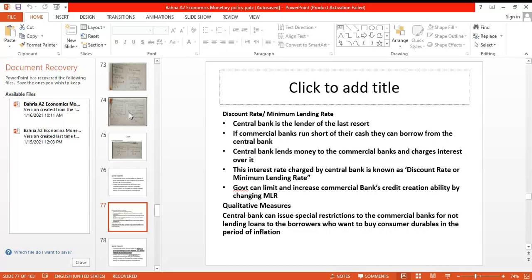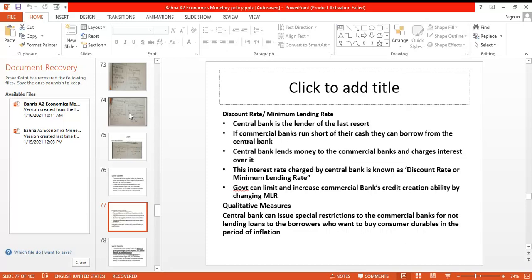All right, so by increasing this discount rate, the government can reduce the money supply, it can reduce economic activity, it can reduce inflation. And now when the central bank reduces the discount rate, what's going to happen?